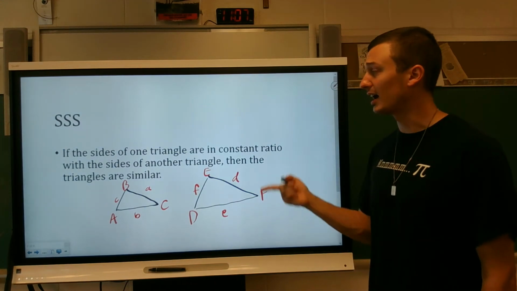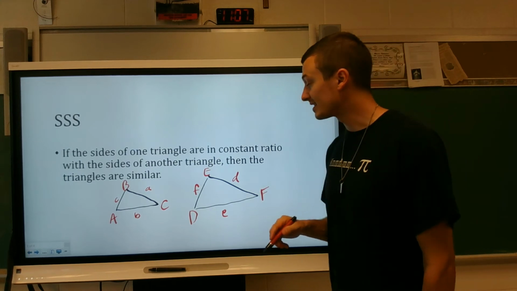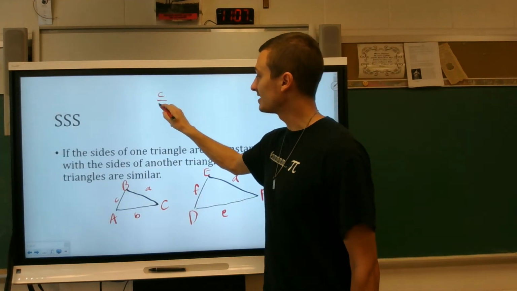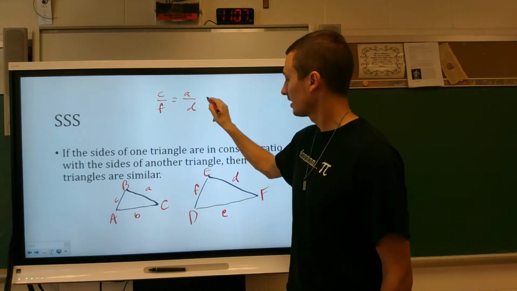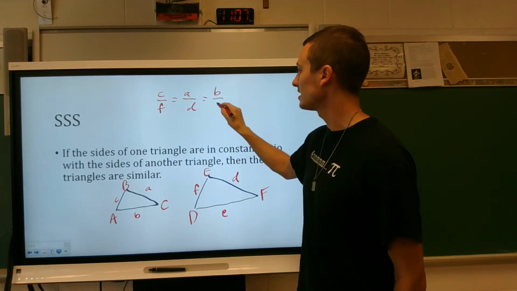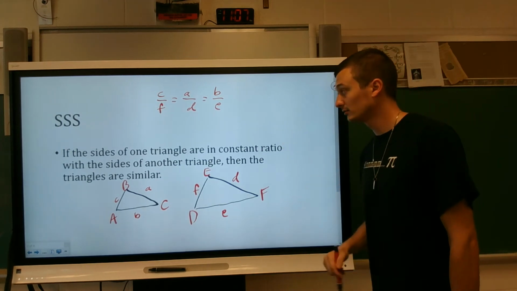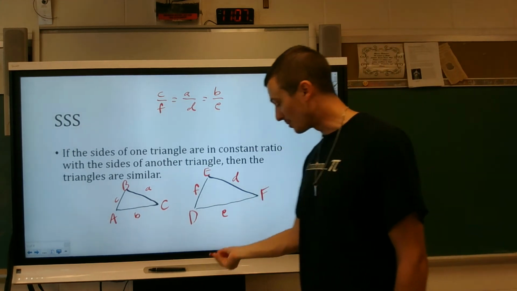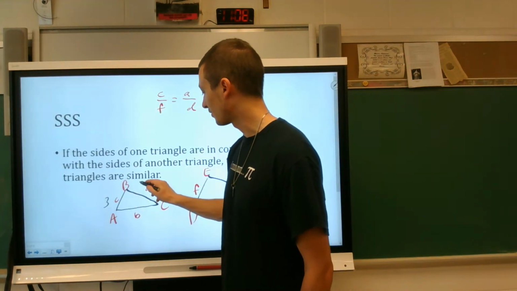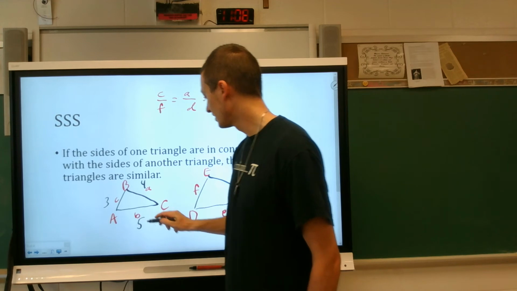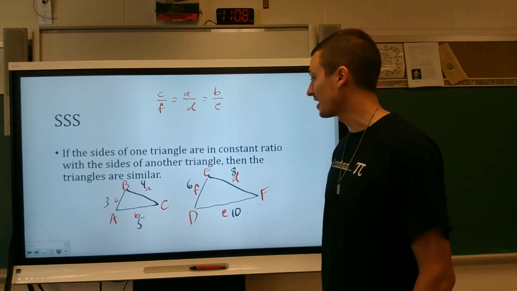So what the side, side, side similarity theorem is saying is that C is to F as A is to D as B is to E. Those are all the same things. Now maybe I give these numbers. If this is a 3, 4, 5, this is 6, 8, 10.